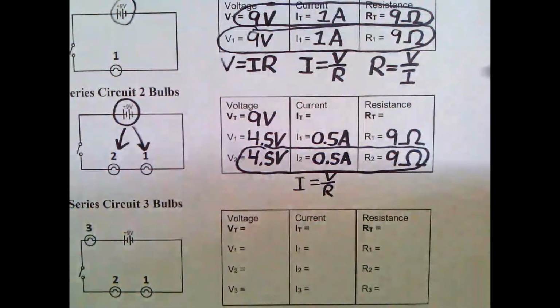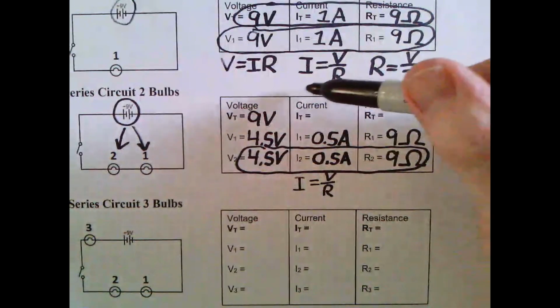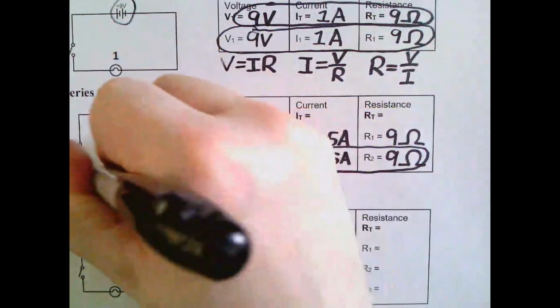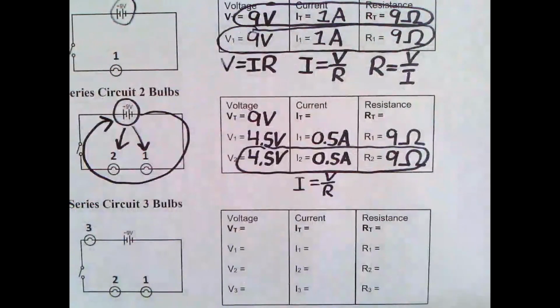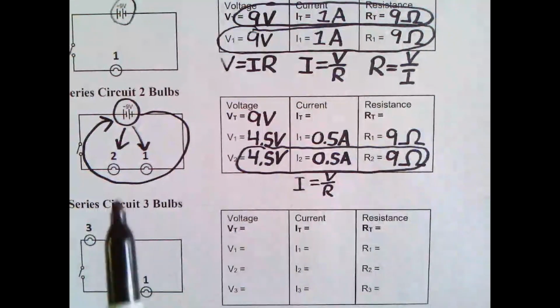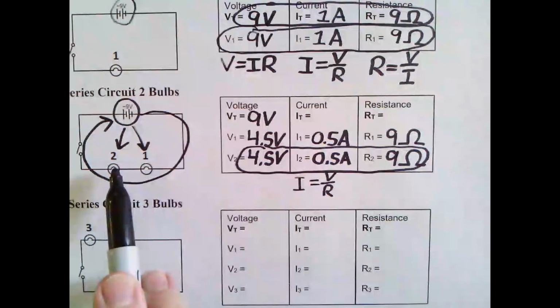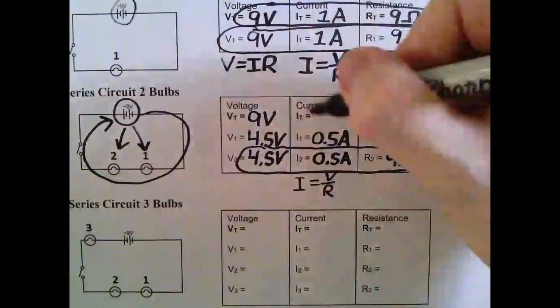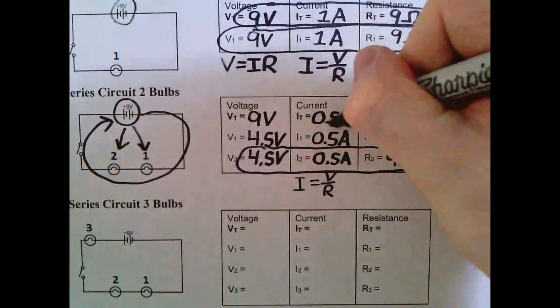The other thing we realized in week 1 was that current is always the same in series, so there's only one path. Because there's only one path, if you discovered 0.5 amps here, 0.5 amps here, obviously it's 0.5 everywhere. So we say 0.5 amps.